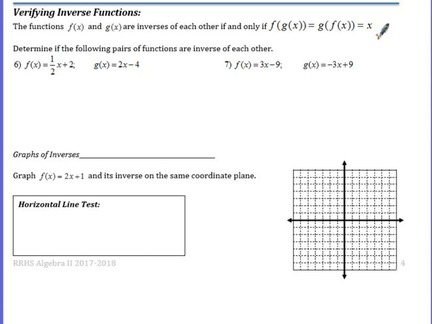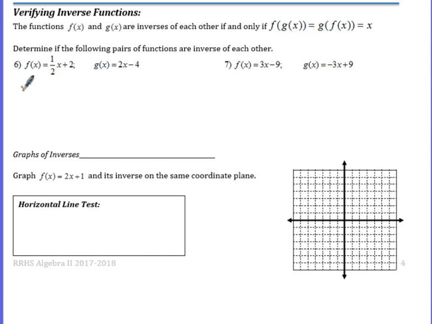So this is a check we will need to do for ourselves sometimes. If we were ever asked to verify or determine if the following pairs are inverses of each other, we must first find what the compositions are.